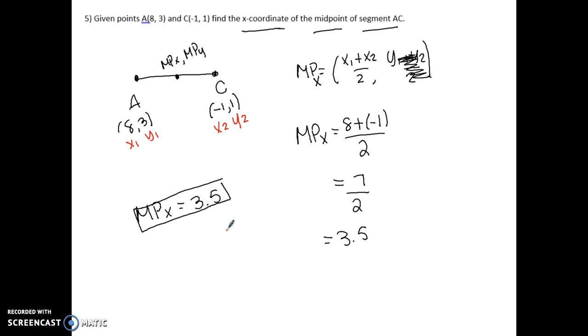So let's go to number 14. So number 14 is next. Number 14 is kind of similar to what we did in number 5, but not really. We are given the midpoint in this case, I think. Let's see. So find the y-coordinate of J if K is the midpoint of JL.